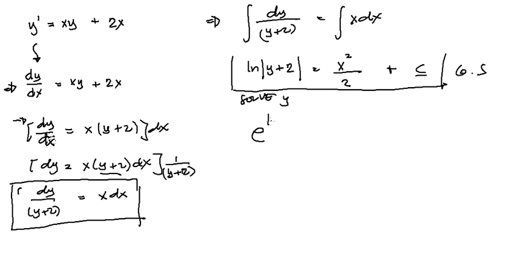By raising all terms by e, we have an equation that looks like this, and e raised to ln is just y plus 2, which is equal to e raised to x squared all over 2 plus c.